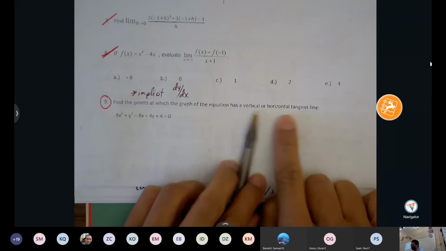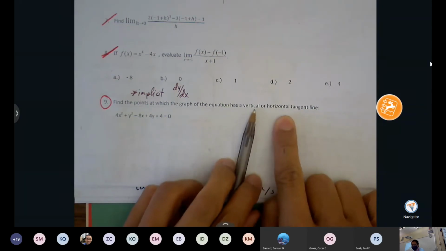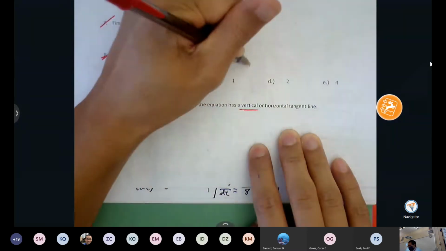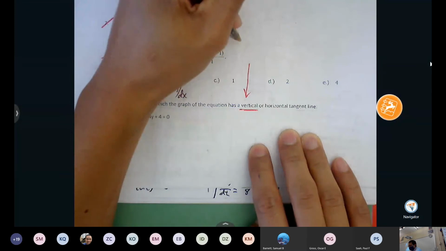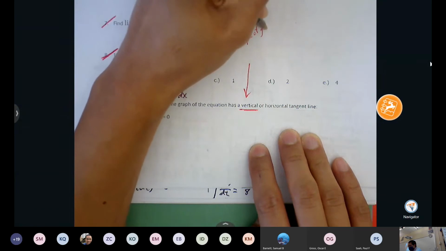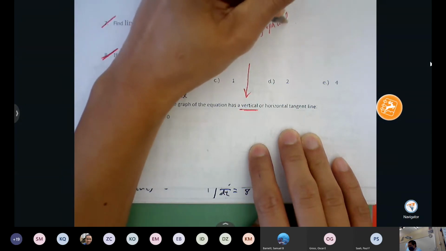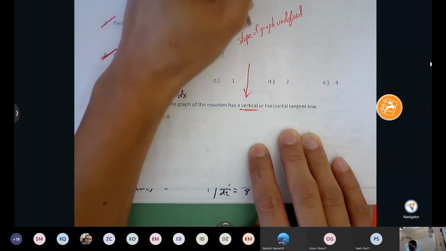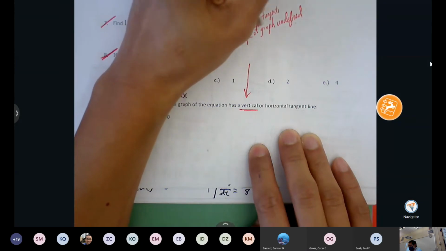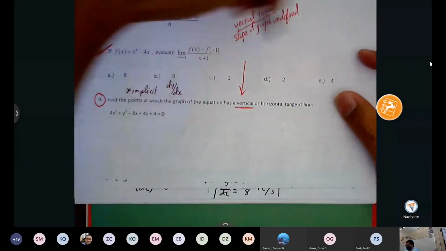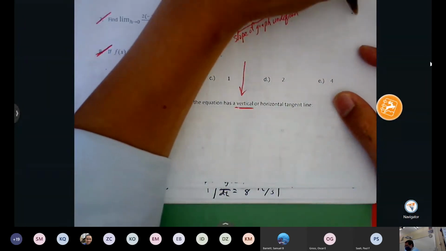Okay, actually, let me recap how we find vertical and horizontal tangent. So vertical tangents, this is where the slope of the graph is undefined. So let's say this graph, actually it's going to be an ellipse.